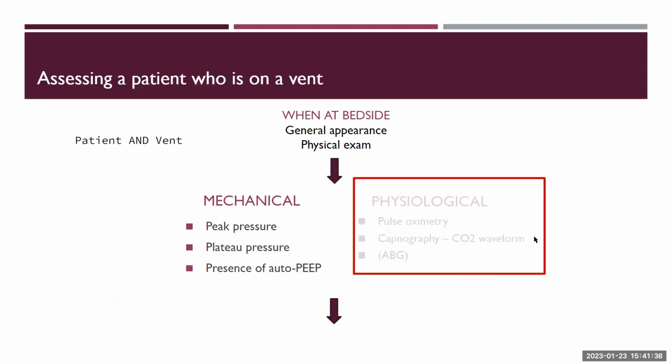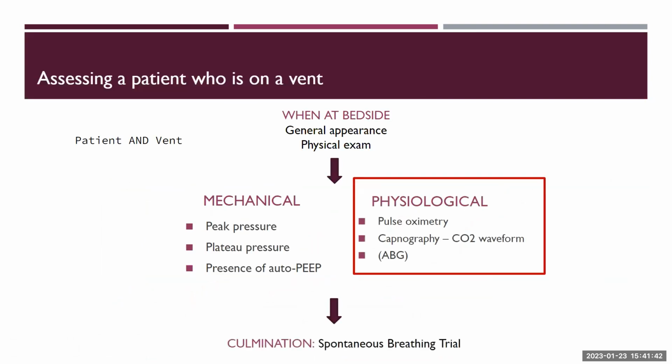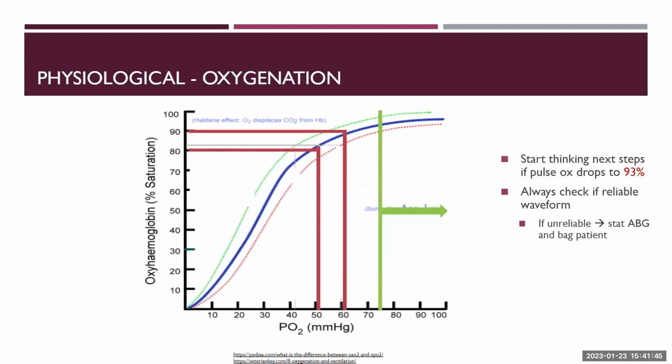So again, assessing patients. We're going to go now to the physiology. Obviously the pulse ox, but the big thing is oxygenation. One of the big questions I got during my ICU rotation was, why do we care if the pulse ox is at 93 over 90?